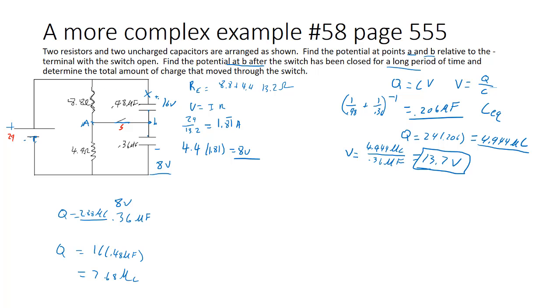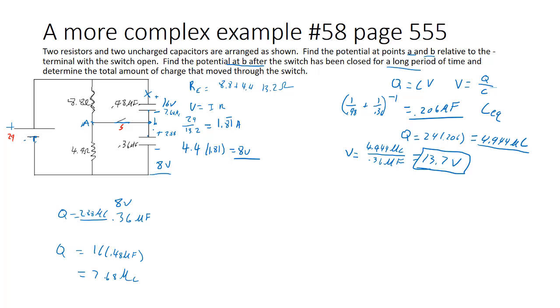So this is the positive plate, this is a negative plate. The other plate has the opposite charge, so this is a negative plate and this is a positive plate, which means if this capacitor up here is holding 7.68 microcoulombs, and this one down here is holding 2.88, they actually have opposite charge.